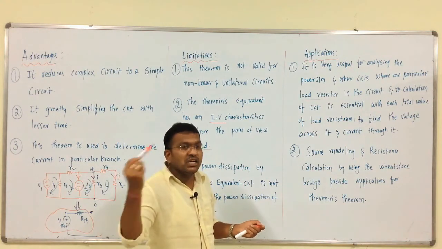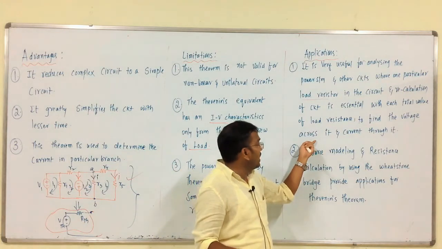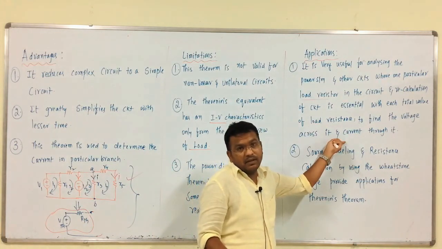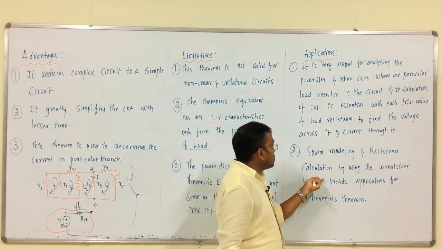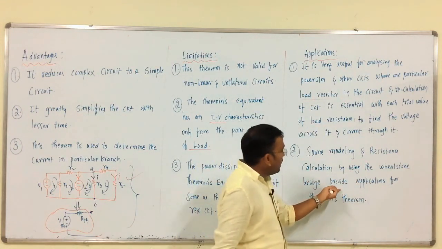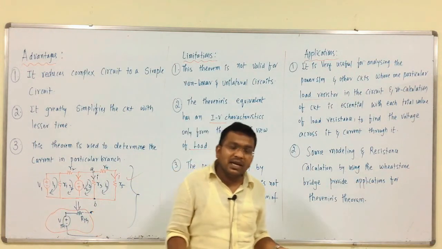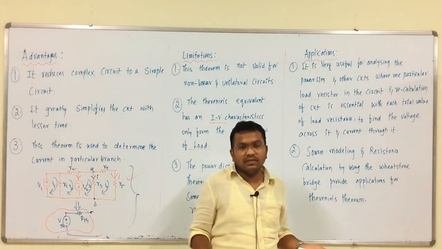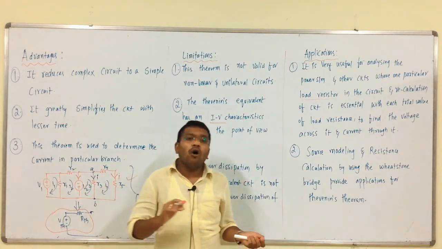So, each and every time we have to get the load resistance by calculating different values of voltage across it and current through it. Next, source modeling and resistance calculation by using the Wheatstone bridge provide applications for Thevenin's theorem. These are the advantages, limitations and applications of Thevenin's theorem. This theorem is very important compared to all other theorems.